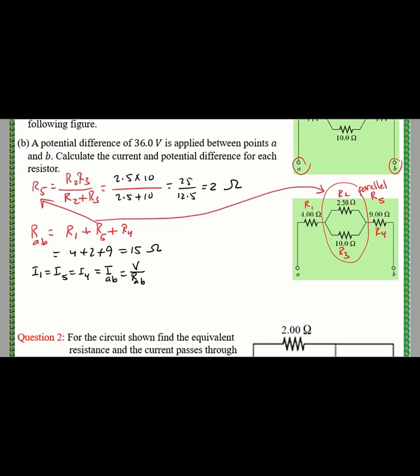Now the potential difference between A and B is 36 as mentioned in the question, and the total resistance is 15. 36 divided by 15 is 2.4.